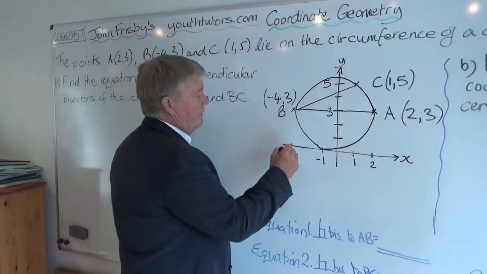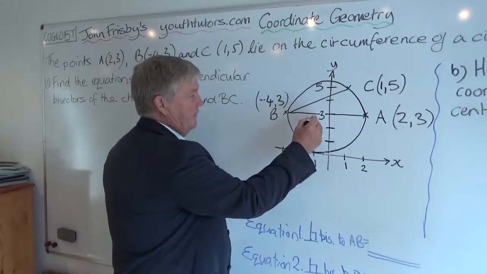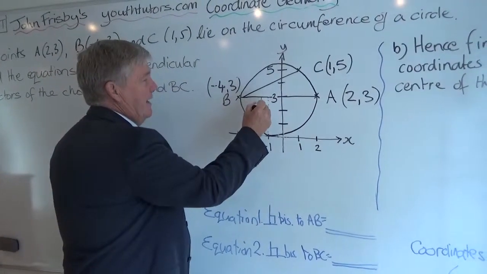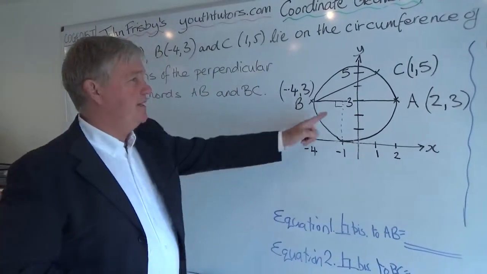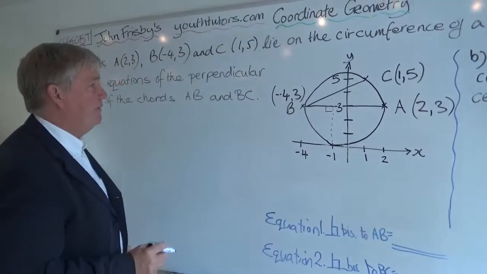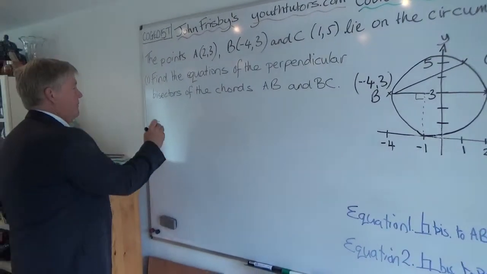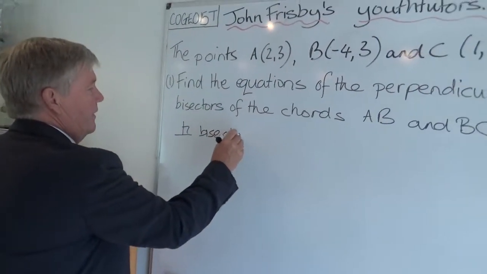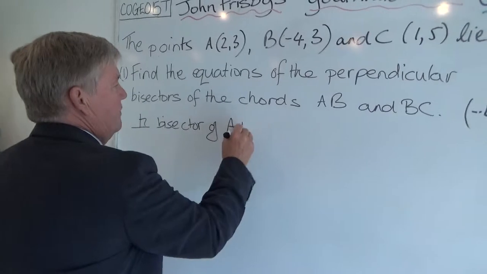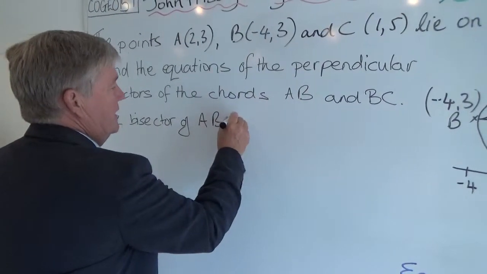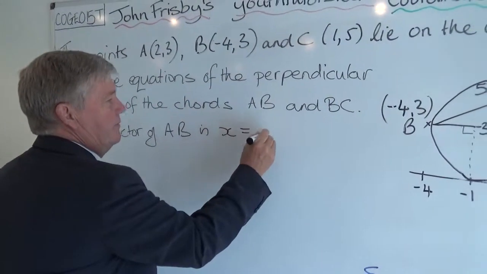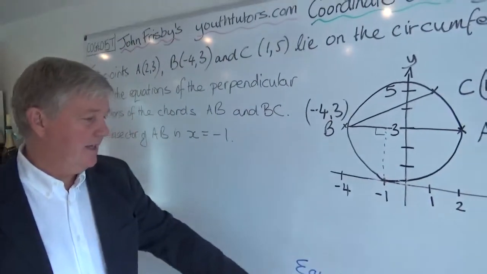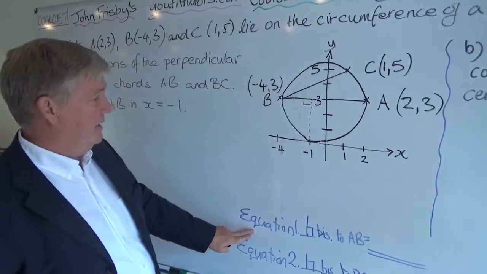If we go along 3 units, we reach x equals -1, and that would become the perpendicular bisector of AB. So the perpendicular bisector of AB is x equals -1, a vertical line. And I'm going to put that in here.